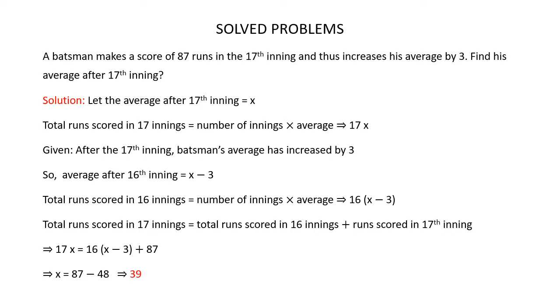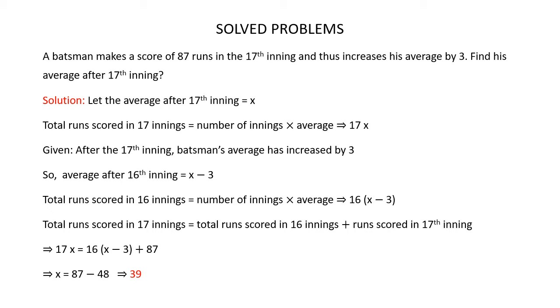Now clearly total runs scored in 17 innings is equal to total runs scored in 16 innings plus runs scored in the 17th inning. Now we know that the total runs scored in 17 innings is 17x. Total runs scored in 16 innings is 16 multiplied by x minus 3. And it's given that the batsman has scored 87 runs in the 17th innings.